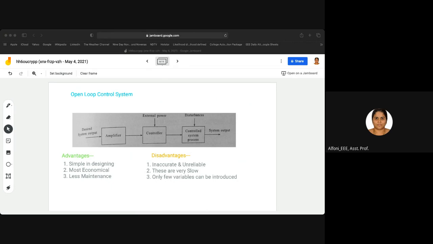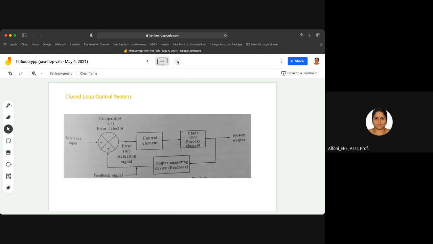So we can say that the open loop system has both merits as well as demerits. To overcome the demerits of this open loop system, we have one more control system, which is the closed loop control system. A closed loop control system is a system in which the control action is somehow dependent on the system output.